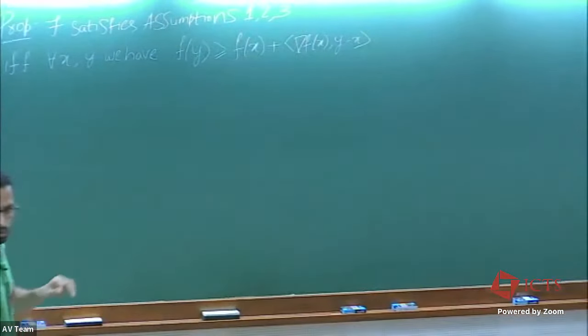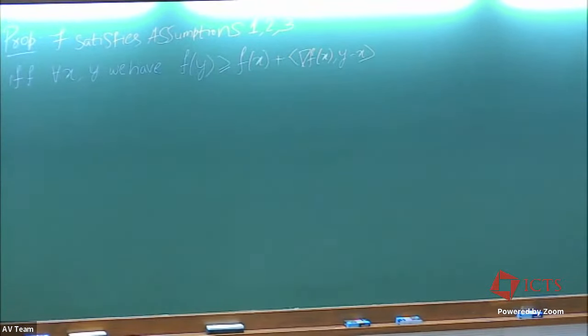This is the definition of convexity. This notation a dot x is just the inner product of the vector a and the vector x.